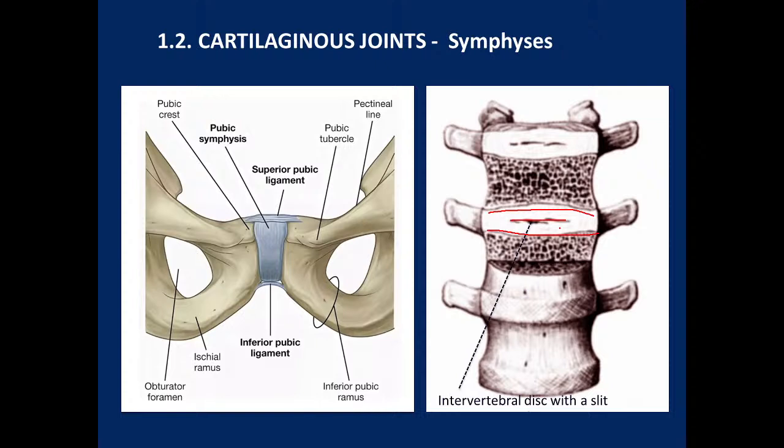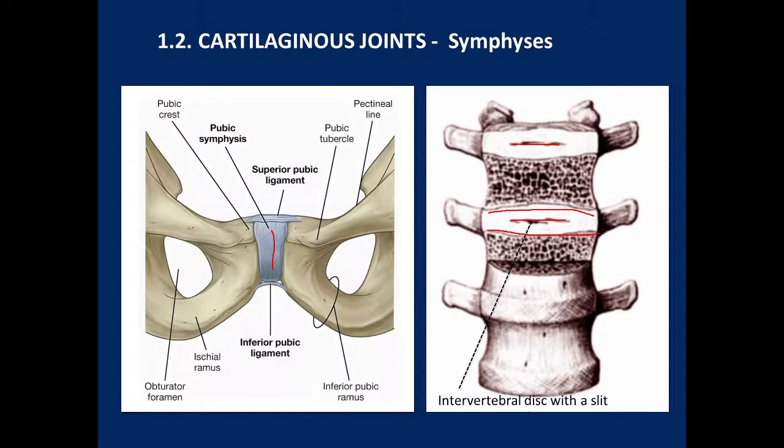The symphysis is a cartilaginous joint in which the ends of articulating bones are covered with hyaline cartilage, which has a slit inside. Here is the slit inside of the intervertebral disc, and we also find such a long or sometimes short slit inside of the pubic symphysis.